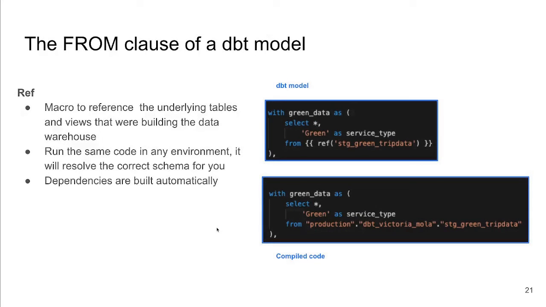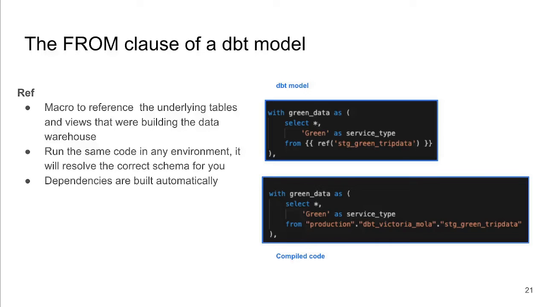So this is a macro that's going to allow us to reference underlying tables and views that we had in the data warehouse. I said that with the seed, what it's going to do when we run dbt seed is going to create a table similar to what it does with the copy command, right? So imagine that every model will also do something similar.